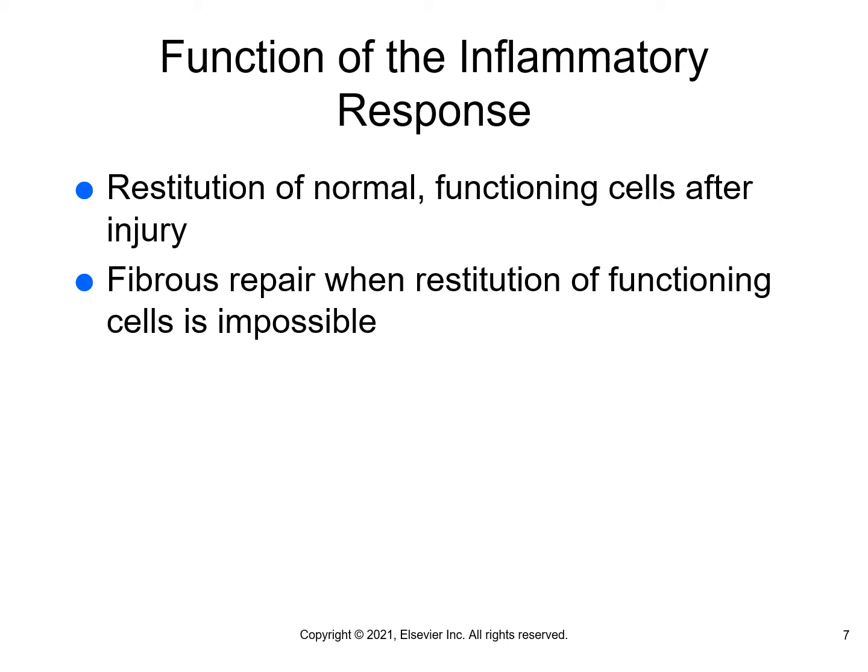It's a step-by-step process to achieve the goal: either restitution of normal and back to healthy cells again, or when there is a failure in the restitution, you'll have fibrosis, which is an undesired effect of the inflammatory response.